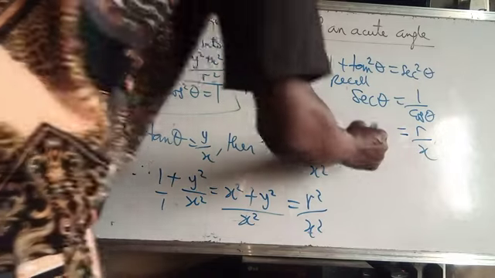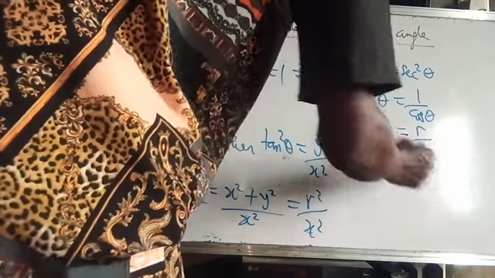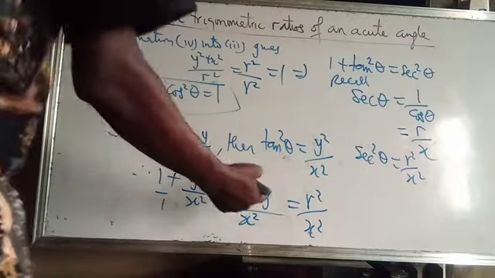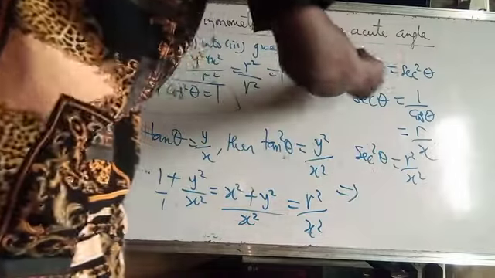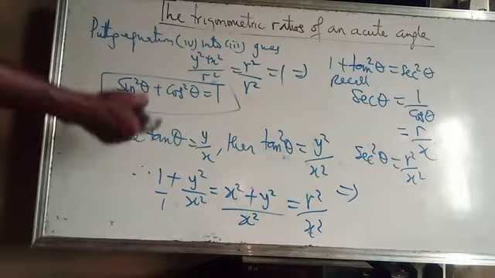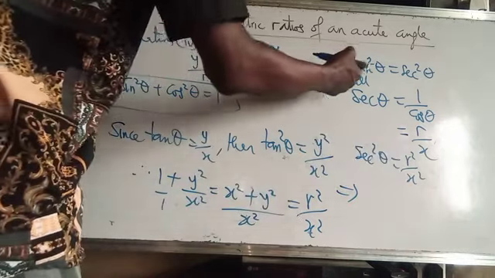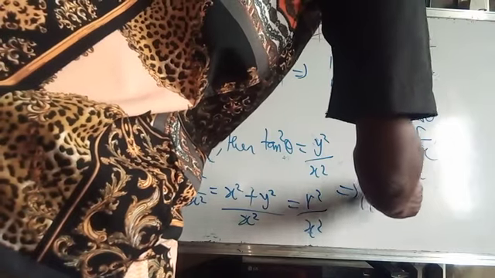So sec squared theta will be r squared over x squared. Comparing this with this, you can see that this statement is correct, because what we have here is what we have here, which means 1 plus tan squared theta is equal to sec squared theta. So we have established the proof. This is correct.